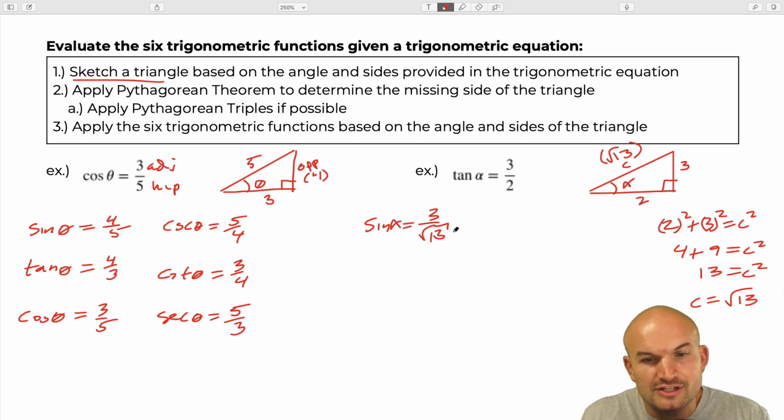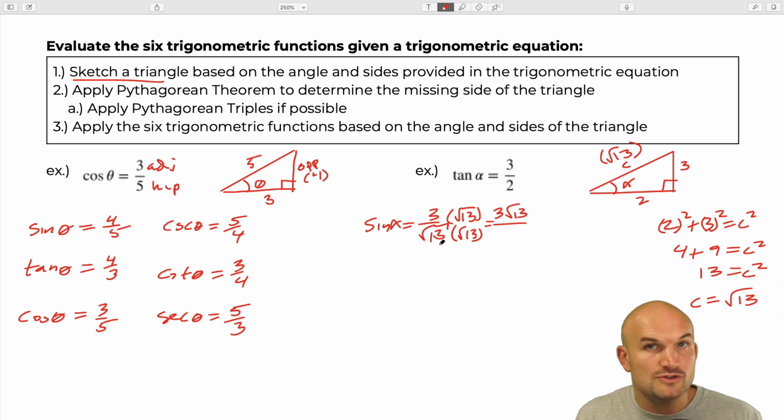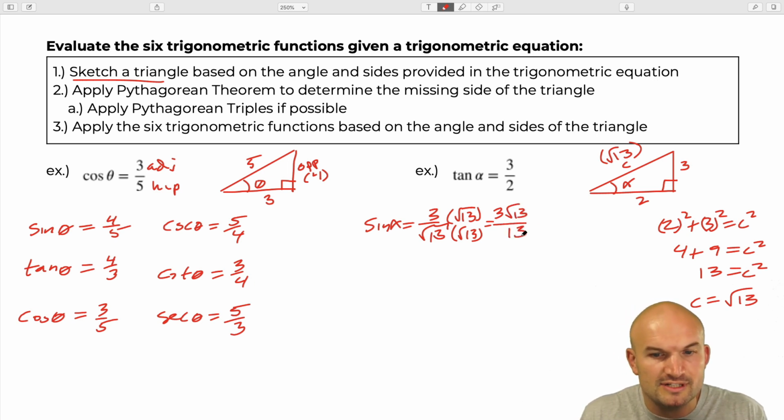So I can multiply by the square root of 13 on the top and the bottom. That gives me 3 square root of 13 over 13, since square root of 13 times square root of 13 is just 13. Now at least my denominator is not an irrational number.